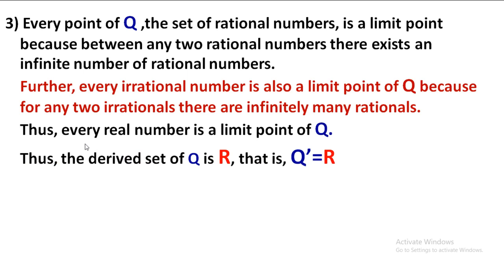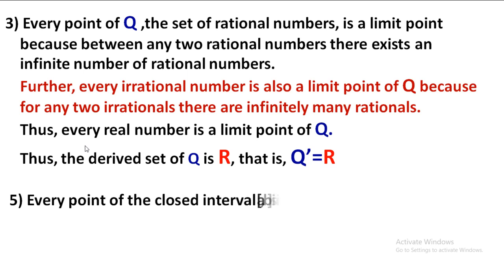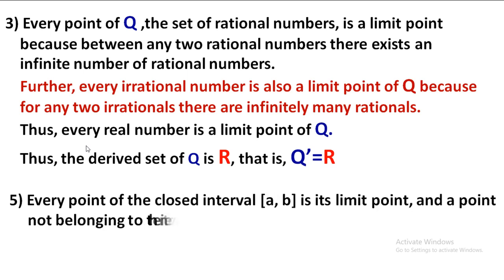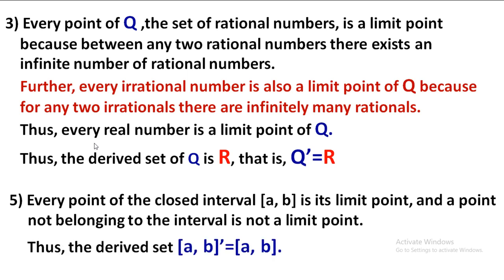Take another example. Every point of the closed interval a comma b is its limit point, and a point not belonging to the interval is not a limit point. Thus the derived set of the closed interval a comma b, that is, the closed interval a comma b dash, is equal to the closed interval a comma b.